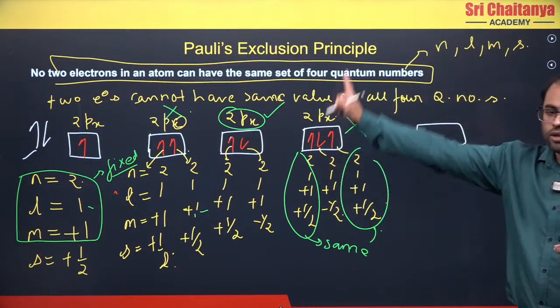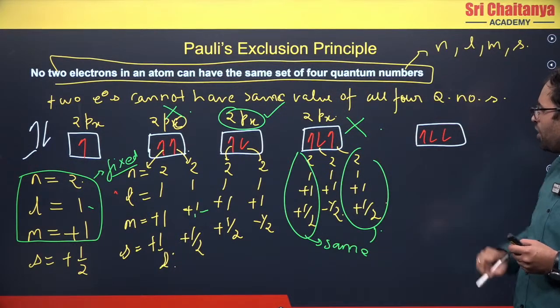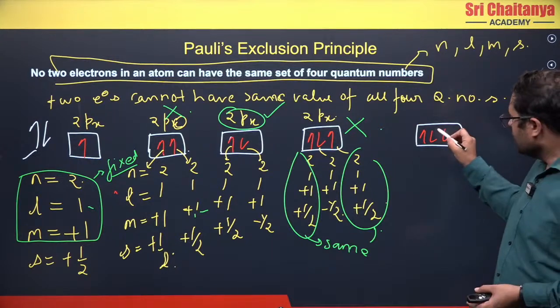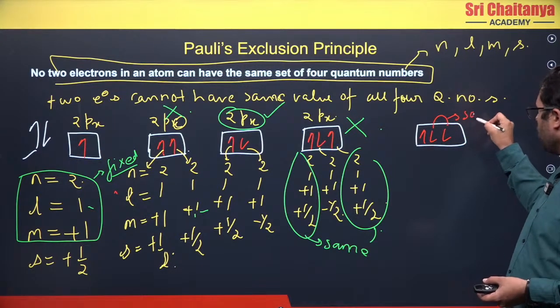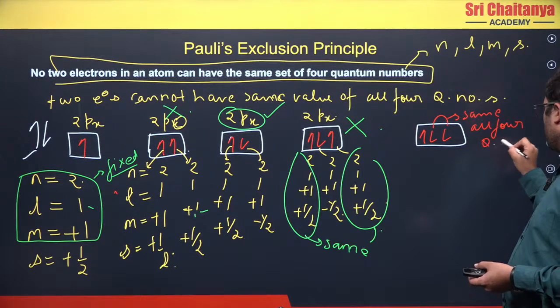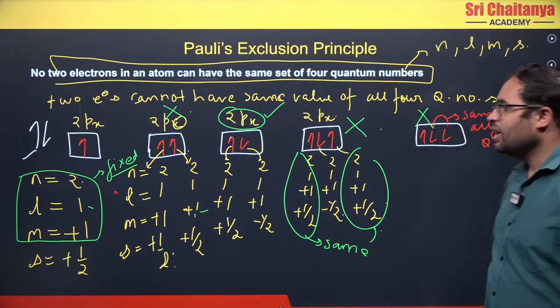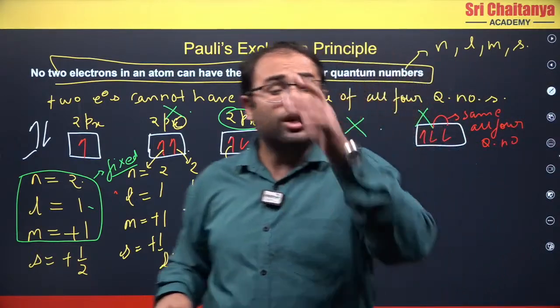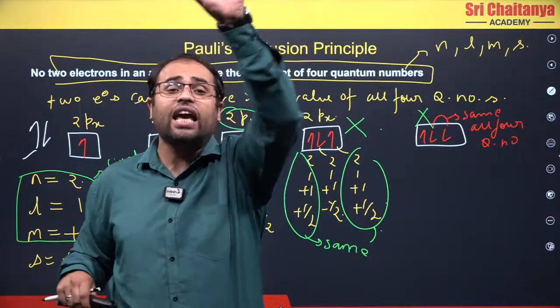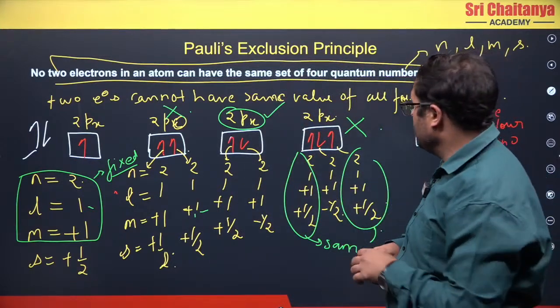This is up spin, pointing up, pointing down, pointing up, pointing down. I can also do one more pointing down. Again, these two will have the same value of all 4 quantum numbers. So this situation is also not possible. So no matter what you do, you cannot add a third electron in an orbital. Only 2 electrons are possible in the orbital.